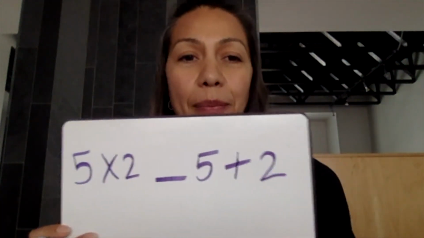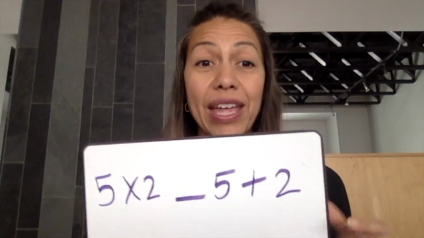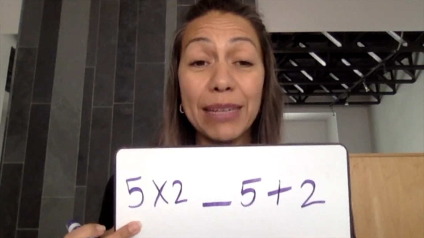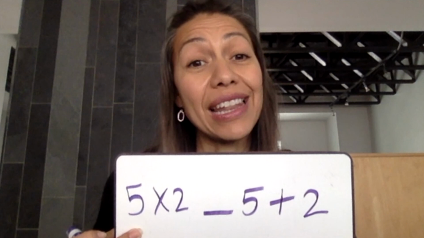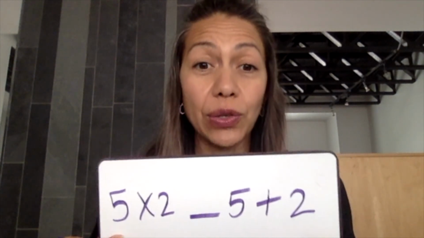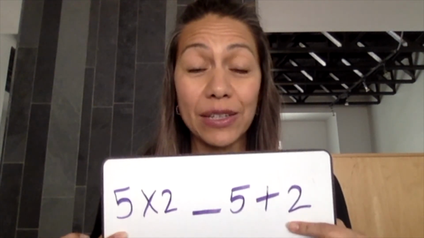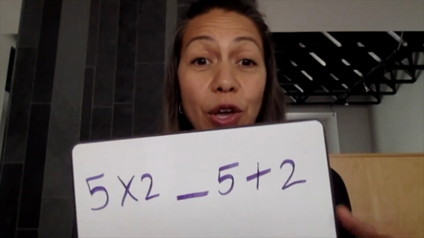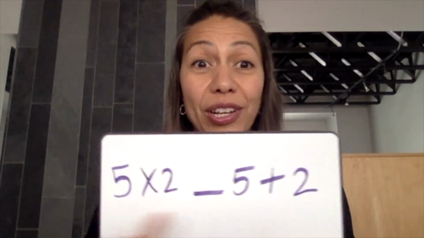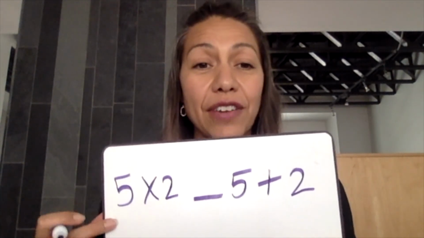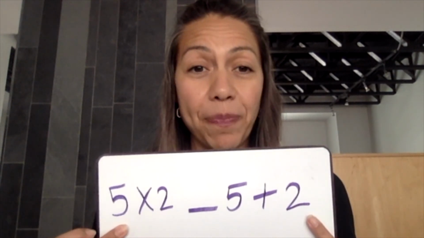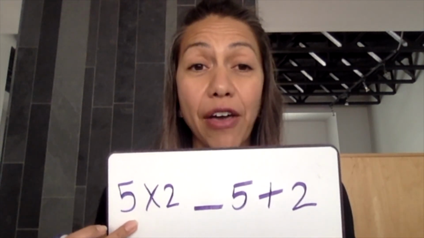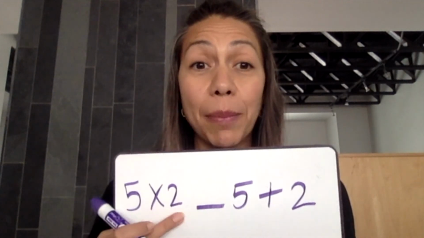So we're going to compare them. We would like to know if 5 multiplied by 2 is greater than, or less than, or equal to 5 plus 2. And to do that, to know which one is more or less, we need to figure out the product and figure out the sum. So what is the product of 5 multiplied by 2?